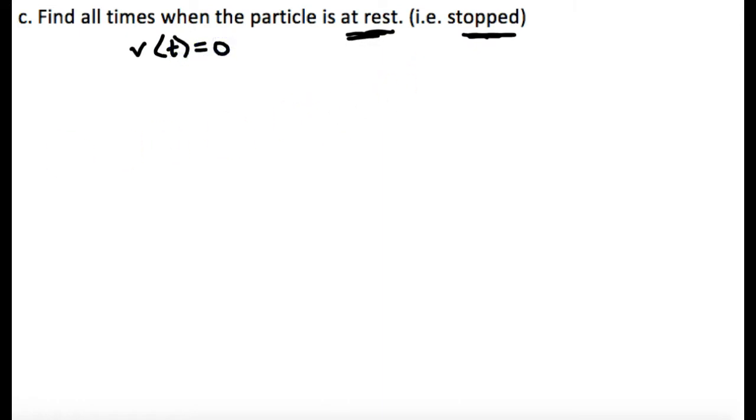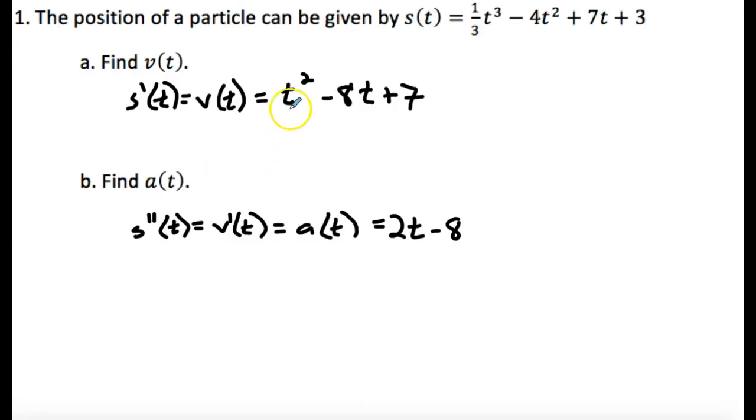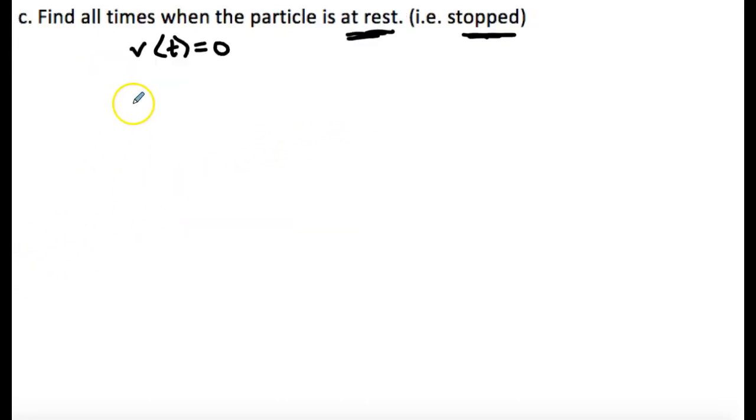Okay, so my velocity function was t squared minus 8t plus 7. So I'm going to set t squared minus 8t plus 7 equal to 0 and solve. So this is a quadratic. First thing we want to check is to see if it factors. So we want two numbers that multiply to positive 7 that add to negative 8.